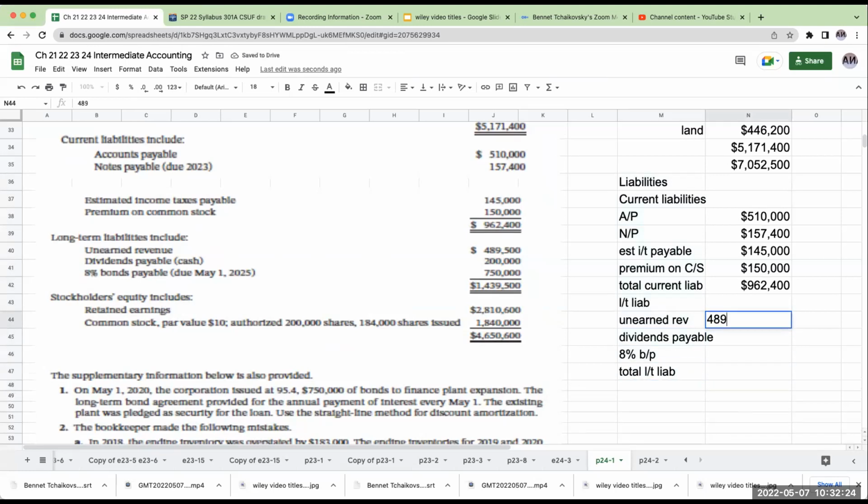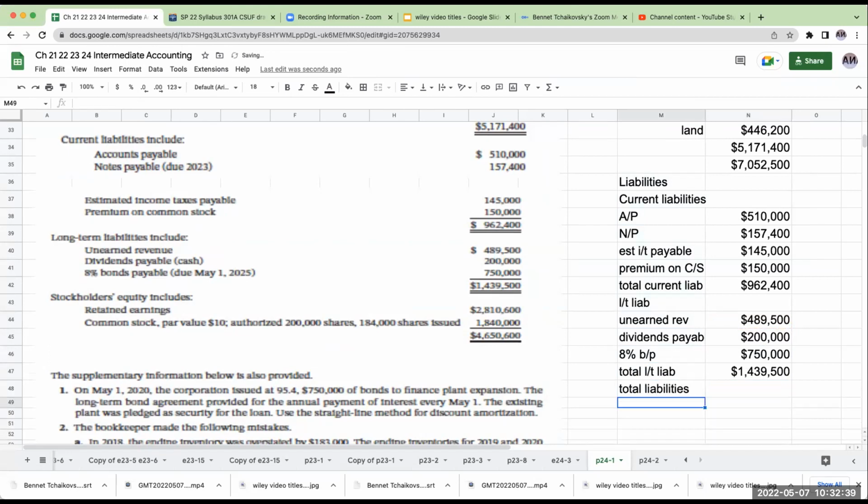My unearned revenue is 49,500. My dividends payable is 200,000. My 8% bonds payable is 750. So my total long-term liabilities is 1,439,000. My total liabilities are going to be 2,401,900. And then over here we have owner's equity.